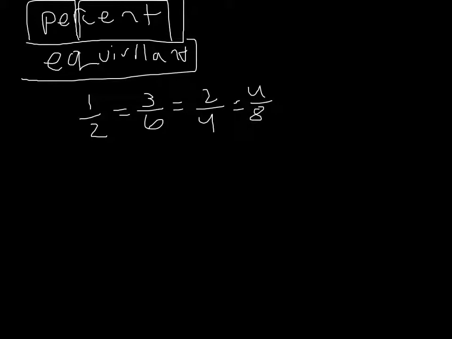The denominator, 2, divided by 2 equals 1. This denominator, 6, divided by 2 equals 3. The denominator, 4, divided by 2 equals 2. The denominator, 8, divided by 2 equals 4.